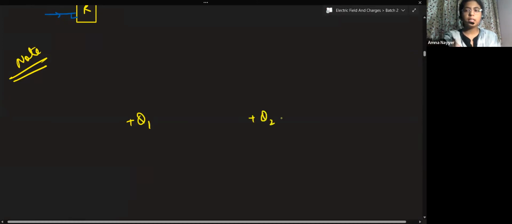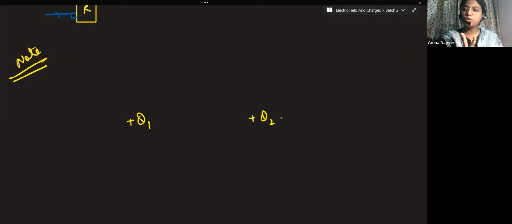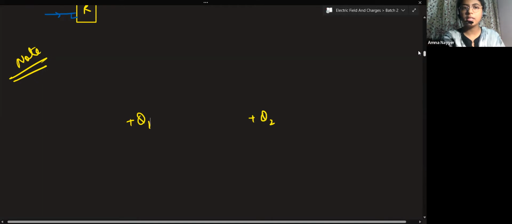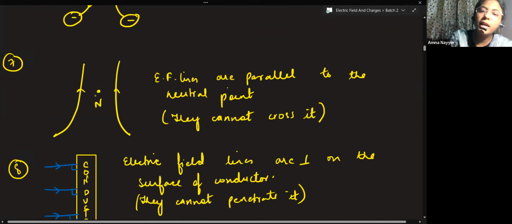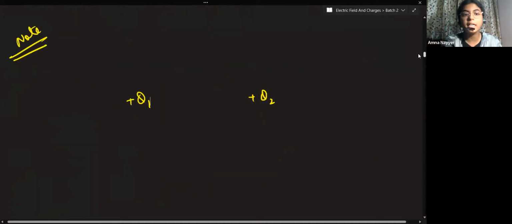All right. Now see, as I've told you, both of them are positive. If you have two charges having the same sign, whenever you get the neutral point, the electric field lines are directed parallel. So now, where to locate the neutral point if the magnitude is not the same?